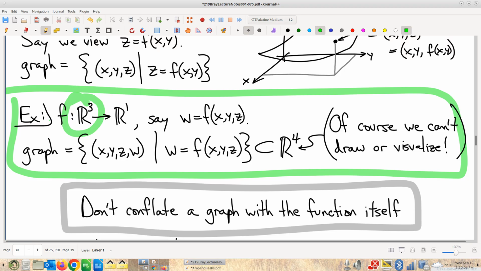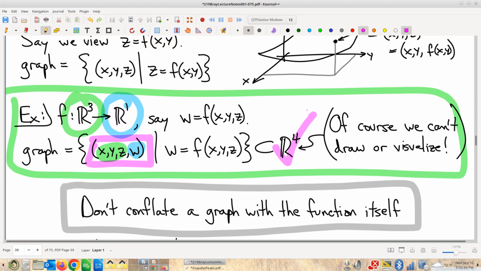The most trivial case would have 2 variables. This is the second most trivial possible kind of multivariable function. And we have 3 input variables. We have 1 output variable. 3 in, 1 out. That makes 4. You'll notice here the points on our graph, 3 input coordinates, 1 output coordinate, live inside of R4, and I can't even pretend to be able to draw that. Crash and burn. Right? Does everybody see the problem?